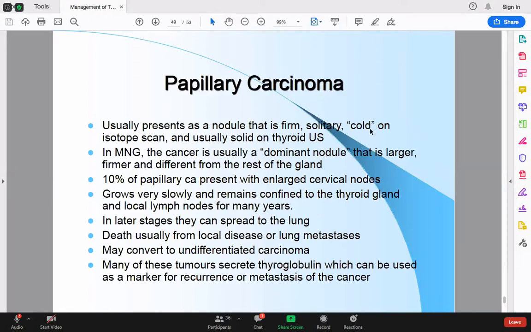Cold means, solitary cold nodule, when you do the radioactive uptake scan, it doesn't take up the radioactive tracer. That means this nodule is autonomous. There are also some features on ultrasound that may suggest carcinoma based on size and the presence of calcium, especially microcalcification. They're all concerning features on ultrasound.